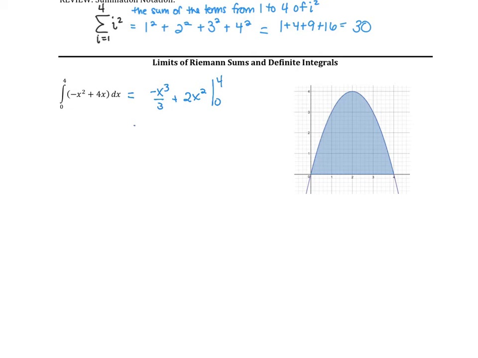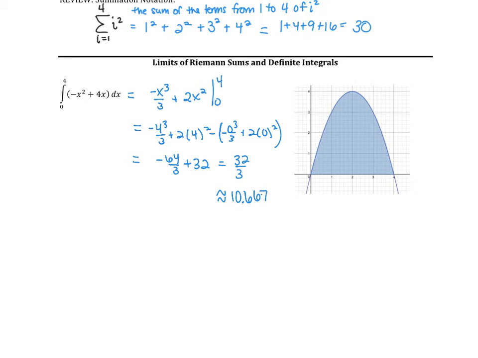So using that fundamental theorem of calculus, that would give us negative 64 over 3 plus 32 minus 0. So we would get 32 over 3. So approximately 10.667.